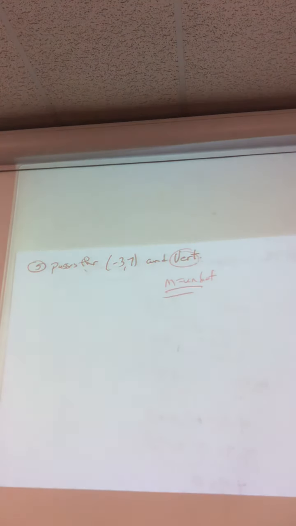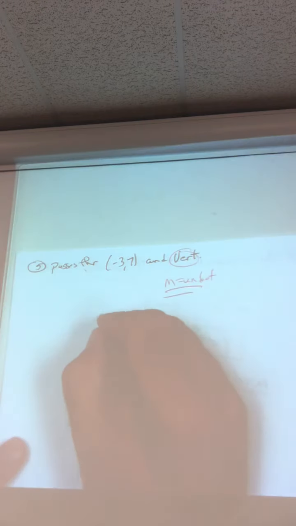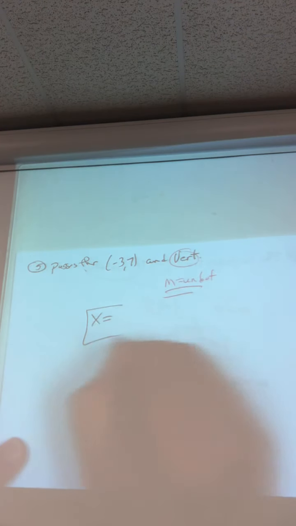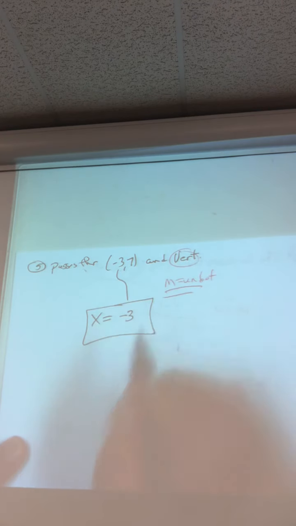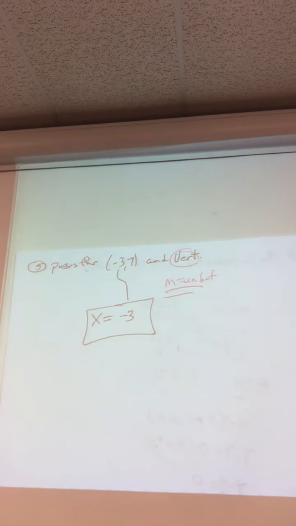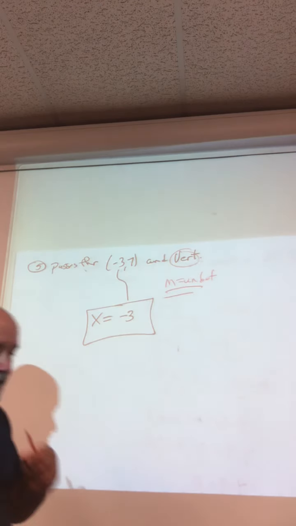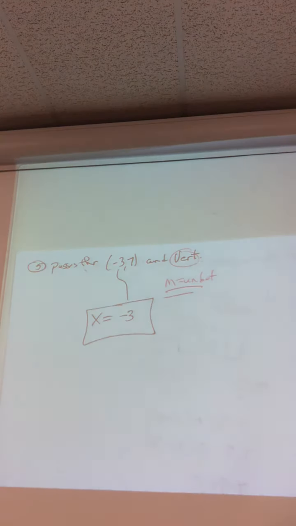So the answer to this problem is going to be x equal, and it's going to be whatever that x number is, which is the first number, x equal 3. So that's a special case of that problem.